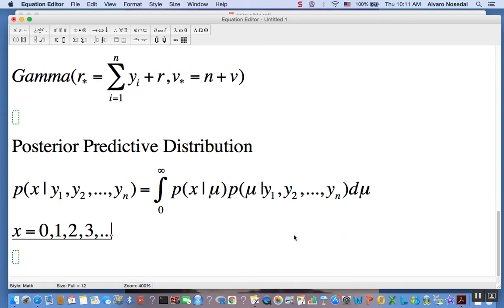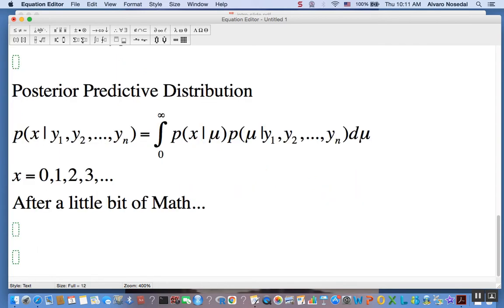After a little bit of math, we ended up with the following expression.